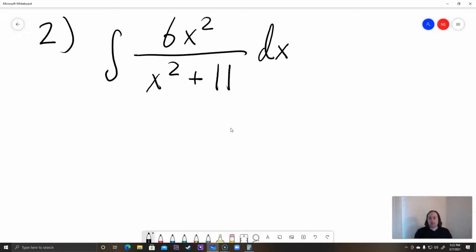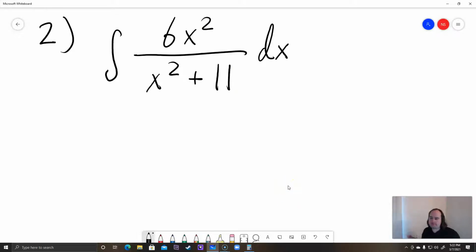And the trick with this one is just how do you do it? Because if you use U substitution, let's say you let U equal x squared plus 11, which is the inside of the composite function, then you're going to get du dx equals 2x, okay? And then if you plug that back in, things are not really going to cancel out so well.